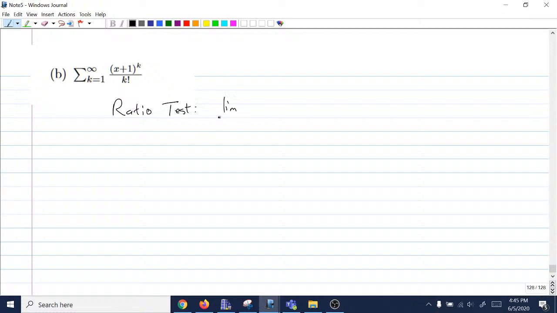I want to talk about the limit as k goes to infinity of the absolute value of the k plus 1th term, (x plus 1) to the k plus 1 over k plus 1 factorial, divided by the absolute value of the kth term, (x plus 1) to the k over k factorial.